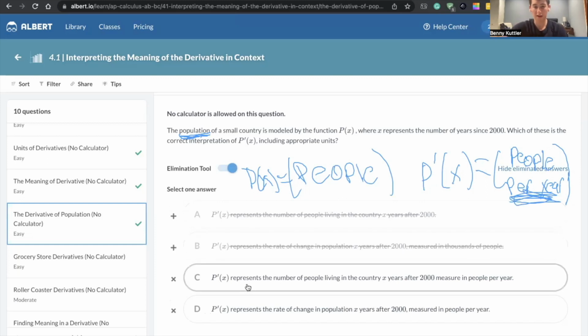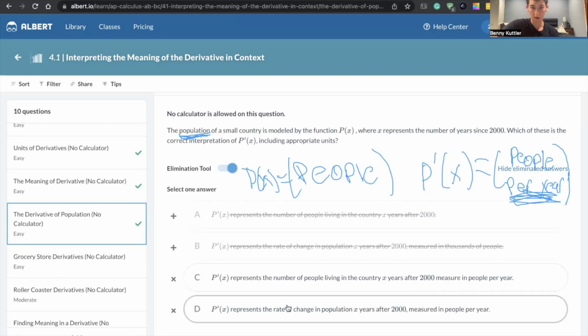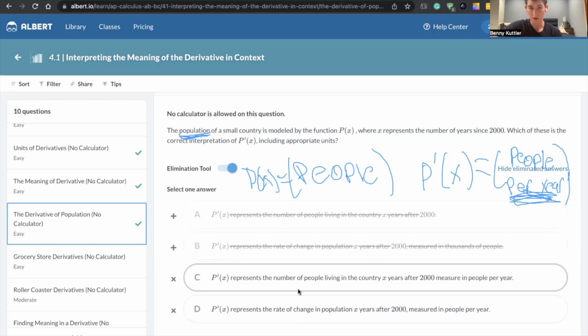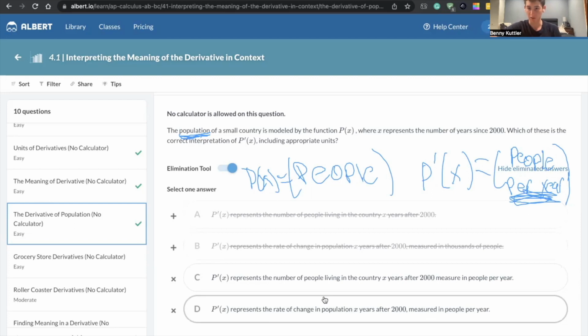And then p prime of x represents the number of people living in the country x years after 2000, measured in people per year. That seems like it's going to be our answer, but let's check D anyway. P prime of x represents the rate of change of the population x years after 2000, measured in people per year. They seem very similar.